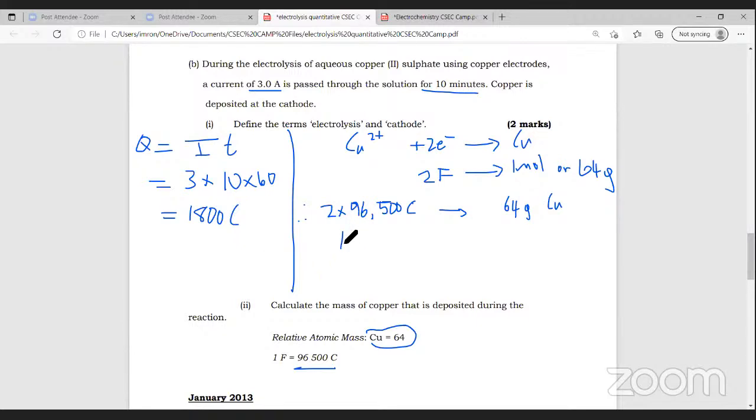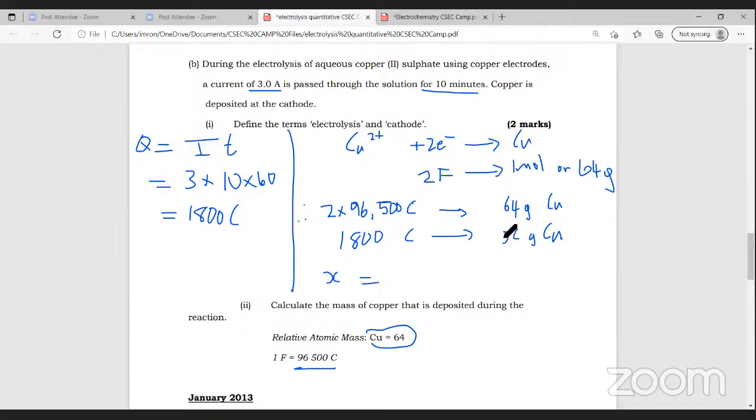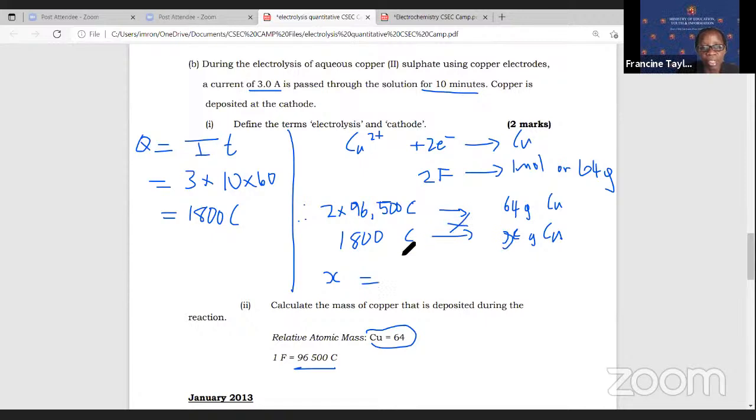So let's see, what are they saying in the chat? What are they getting there? Okay, the answers we're seeing: somebody sent 0.59 grams, 0.6 grams. Okay, good. 0.597 grams of copper.